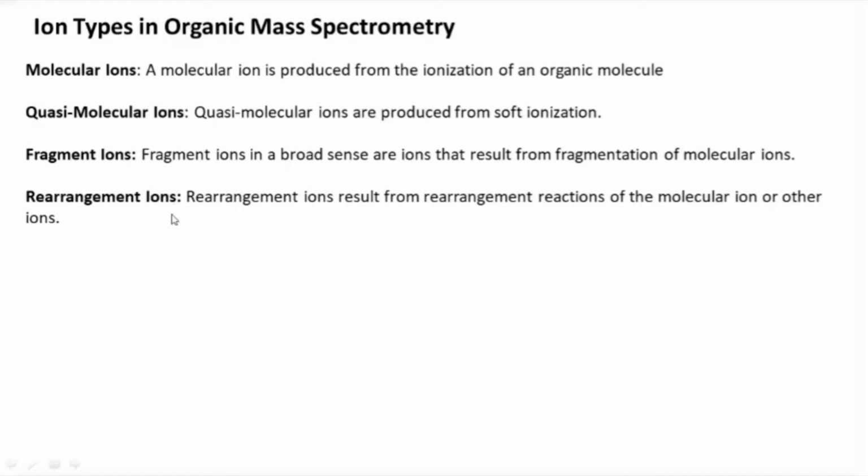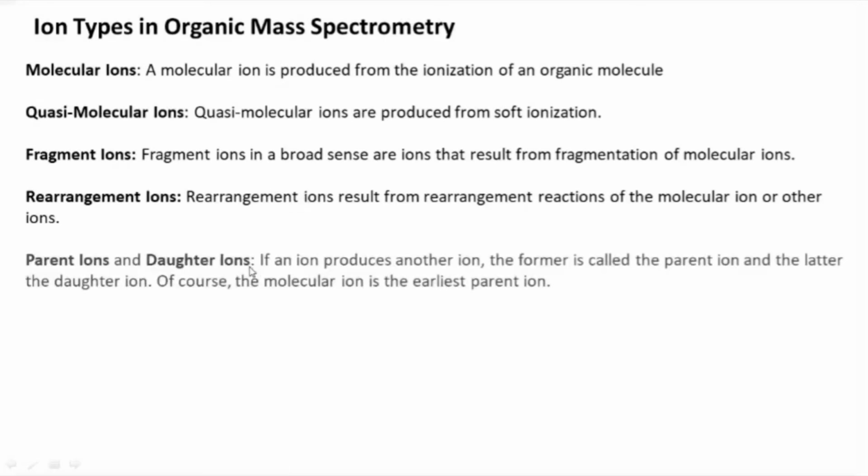In mass fragmentation, there is always a possibility that ions can rearrange, like straight chain alkanes rearranging to secondary or tertiary alkanes. Then there are terms we use regularly in LCMS, the bioanalytical field: parent ion and daughter ion. If an ion produces another ion, the former is called the parent ion and the latter is called the daughter ion.